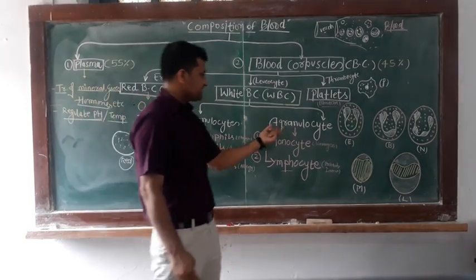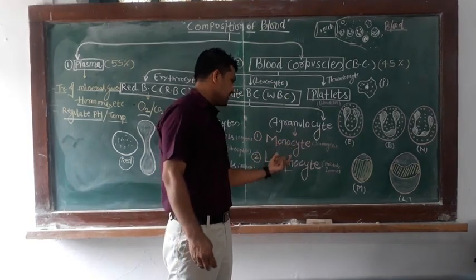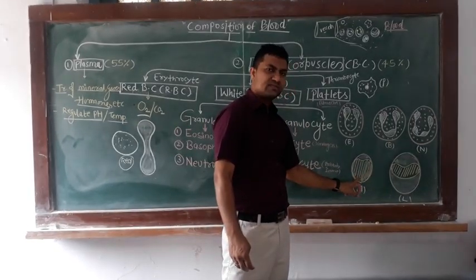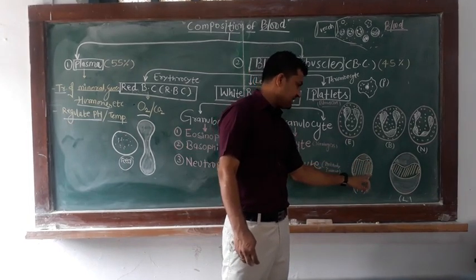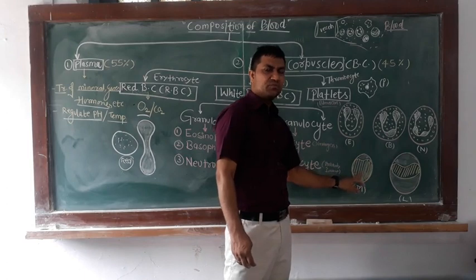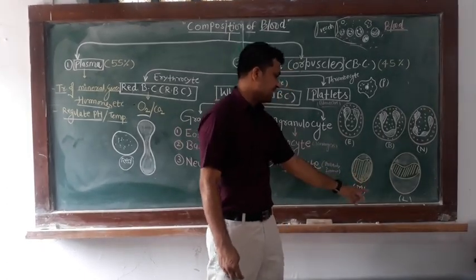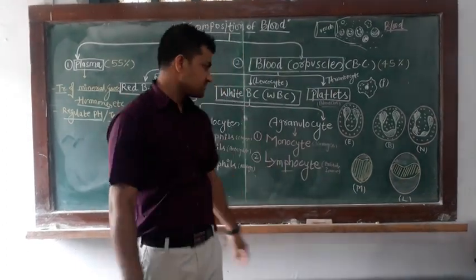Then the agranulocytes have two types, monocyte and lymphocyte. In the monocyte, the complete cell is covered by a nucleus, more than 70% of the cell. In the lymphocyte, the nucleus covers almost 50% of the cell.